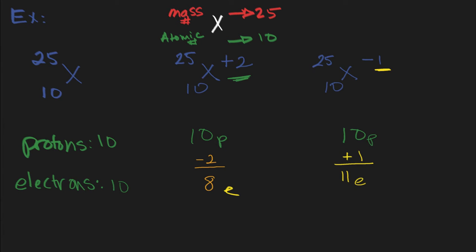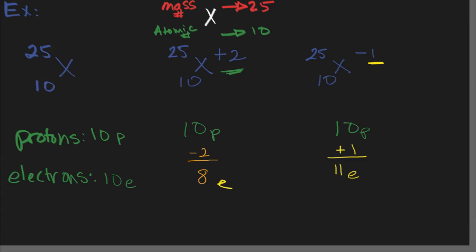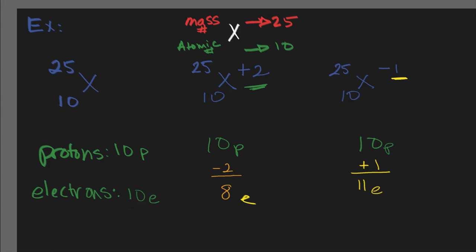And then if you remember, to get your neutrons, you get your mass number minus your atomic number. So let's do that real quick. Running out of space, I forgot to zoom in.